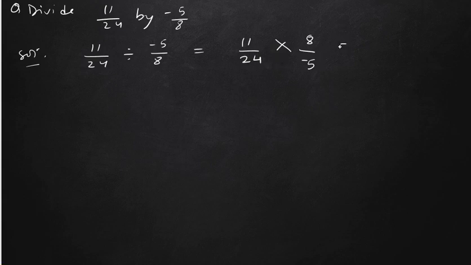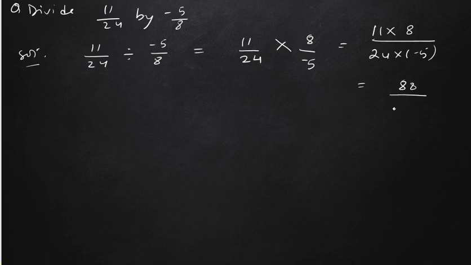And we have already learned multiplication: numerator gets multiplied to numerator and denominator to denominator. So 11 times 8 is 88 and 24 into minus 5 is minus 120.